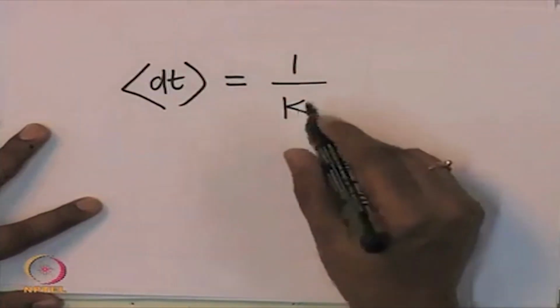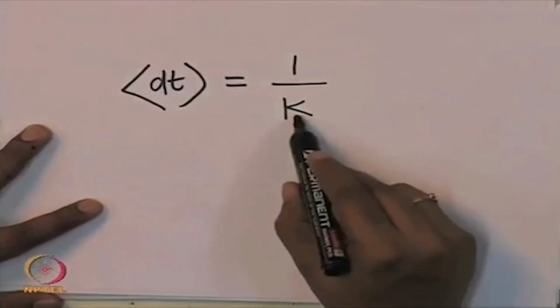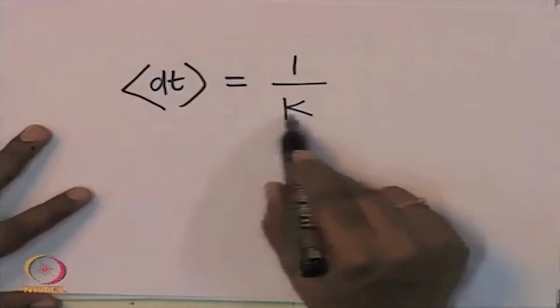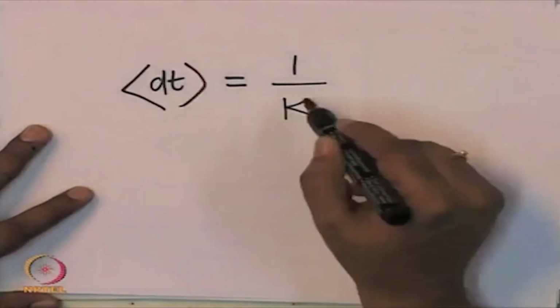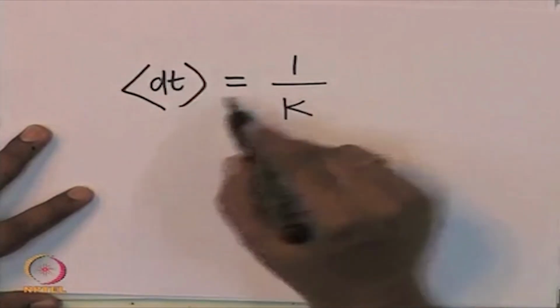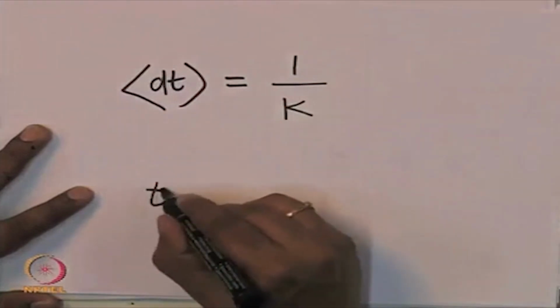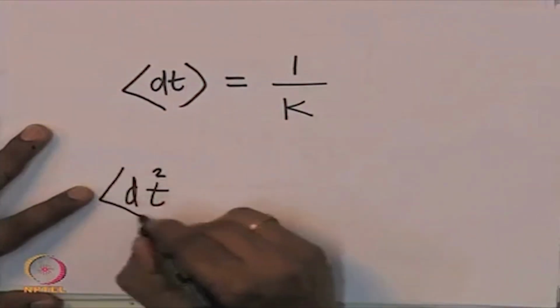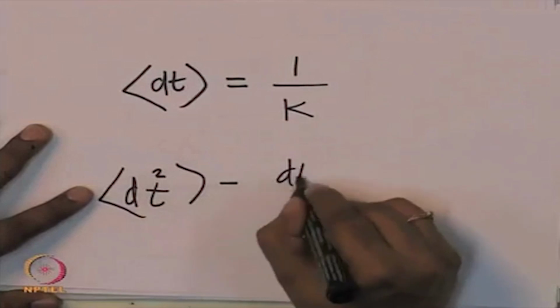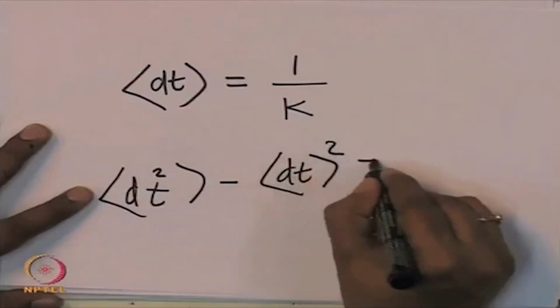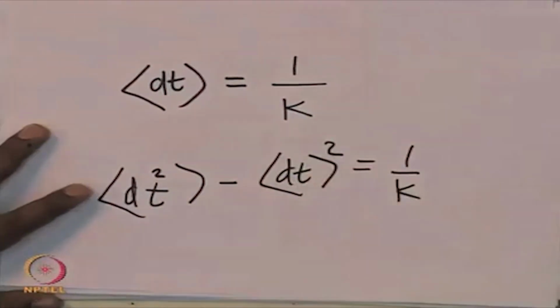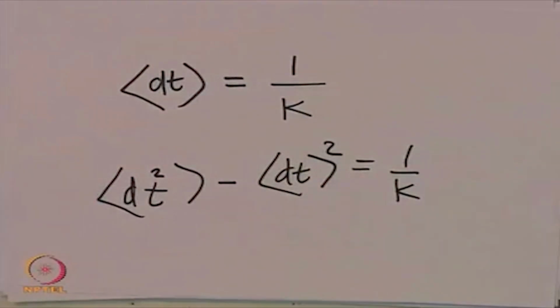So, here if you have a binding event happening with a rate k, the average time you have to wait is 1 over k, but the deviation in this average, that is the square root of dt square average minus dt average square, is also 1 over k. So, this is a property of an exponential distribution.